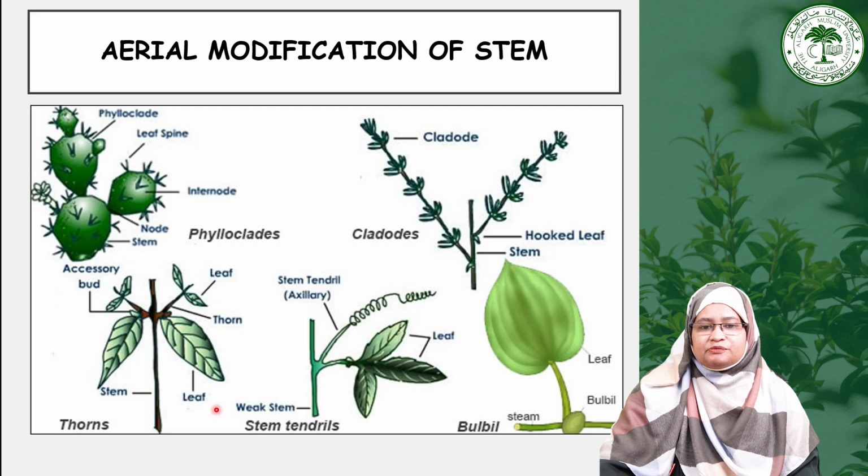Here you can see the stem is modified into climbers. And next is the bulbil, where the stem is modified into a bulbil that is used for the reproduction of the plant, for vegetative propagation. So these are the modifications of stem.